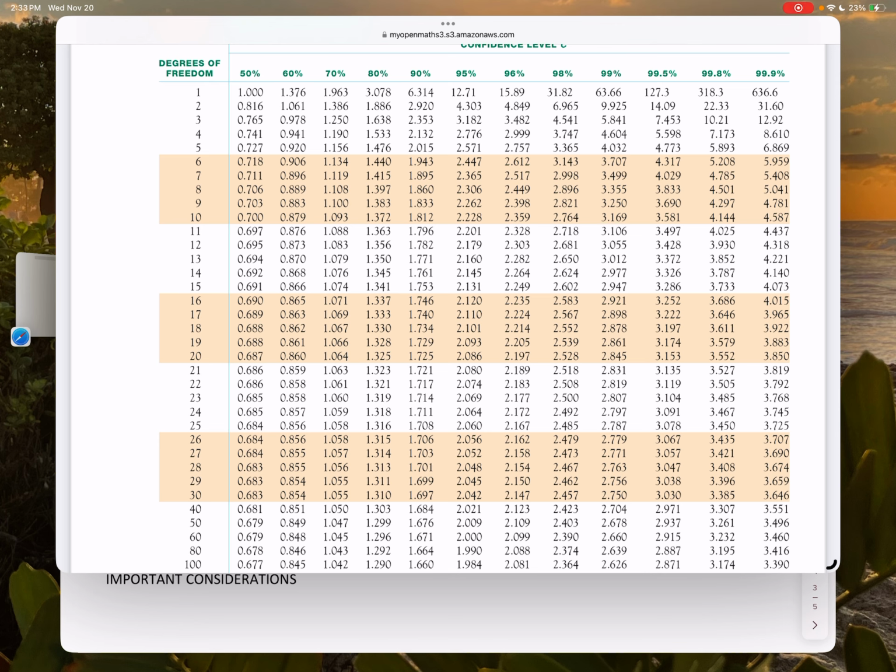But if you look at row 29 and you look at the column for 95%, I hope you can see that you get 2.045 using this table. So row 29, the 95%, you get 2.045.